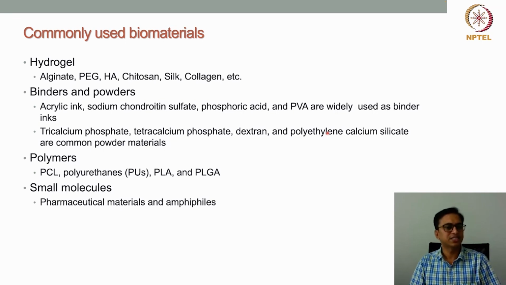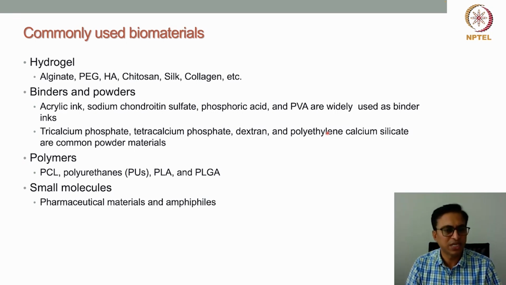Like alginate is one such material. It's a hydrogel, and it is a widely used biomaterial for different applications. Along the same line, this has also been used for inkjet 3D printing.